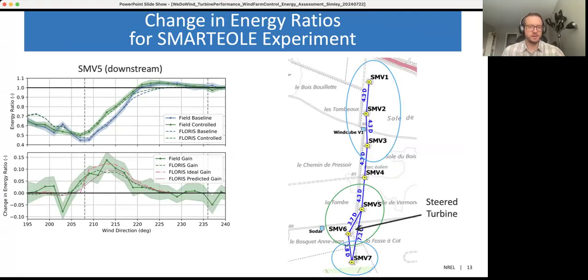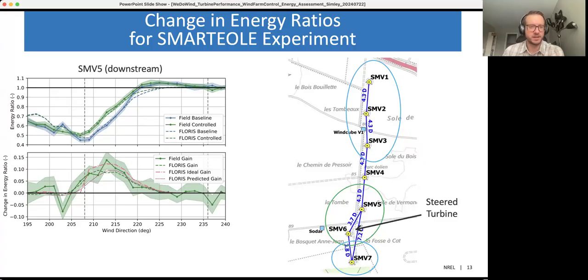Okay, so now some figures, which hopefully will make this more clear. This is the example from that SMART-EEL experiment I mentioned earlier. On the left it shows the energy ratios for the wind farm control periods in green, and baseline in blue, as a function of wind direction for the sector where we have wake steering active.